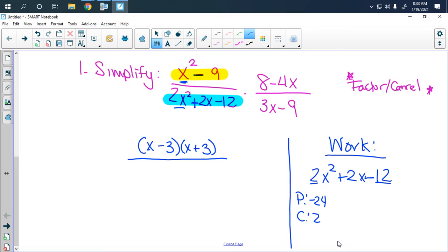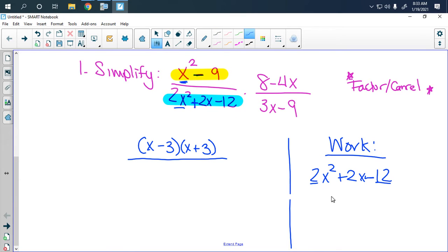C is positive 2. I need two numbers that multiply to negative 24 and combine to 2. And actually, I kind of dove right in here to P's and C's, but even easier, you could have just factored out your 2. So let's do it that way instead.